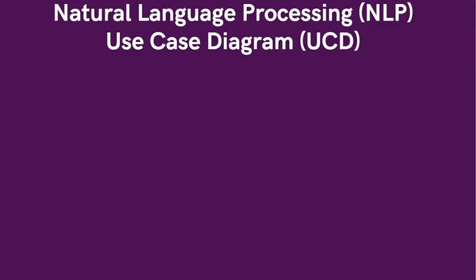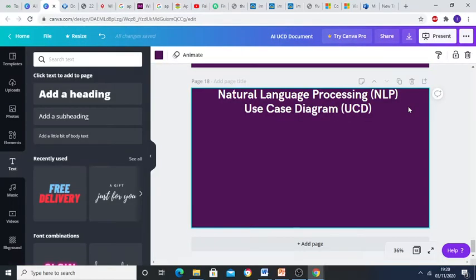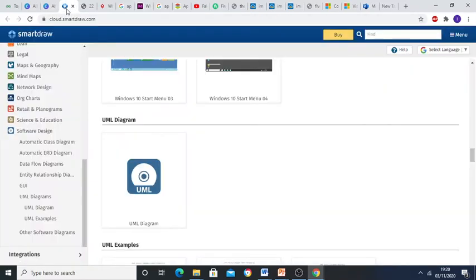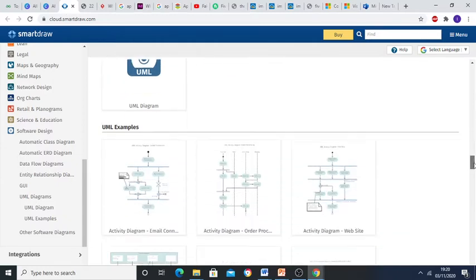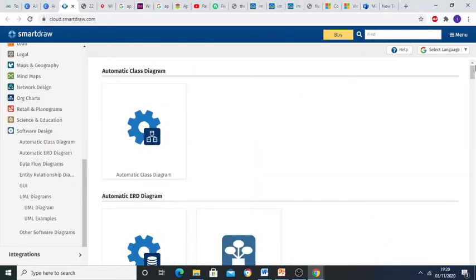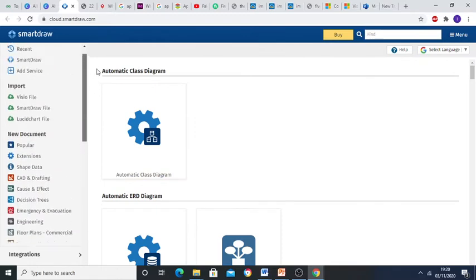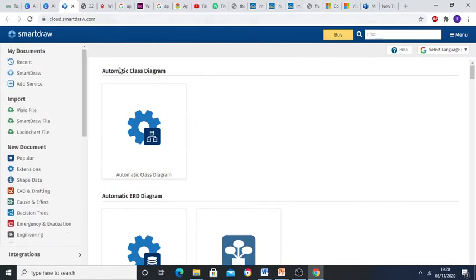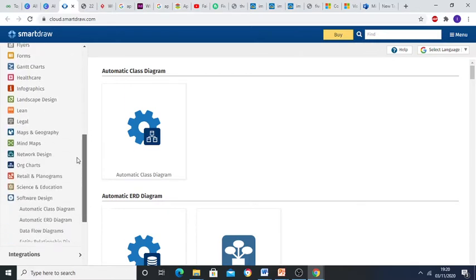Let's get to the use case diagram design specific to natural language processing, NLP. What I did earlier was get Visio on board, and this is the Visio palette, clean, brand new, shiny, and I want you to walk with me as we cut a swath through this.